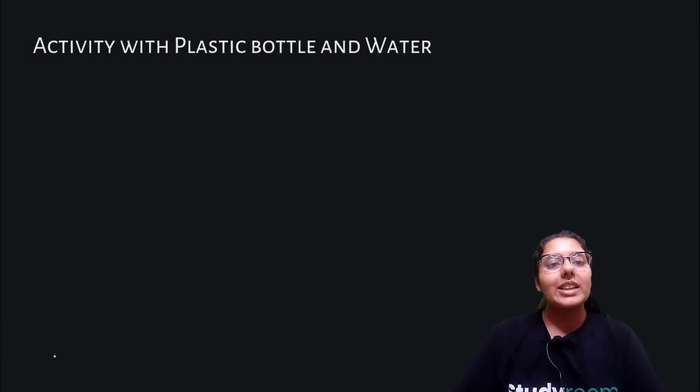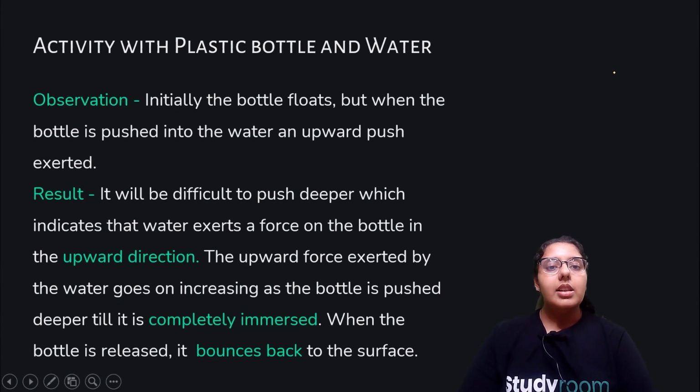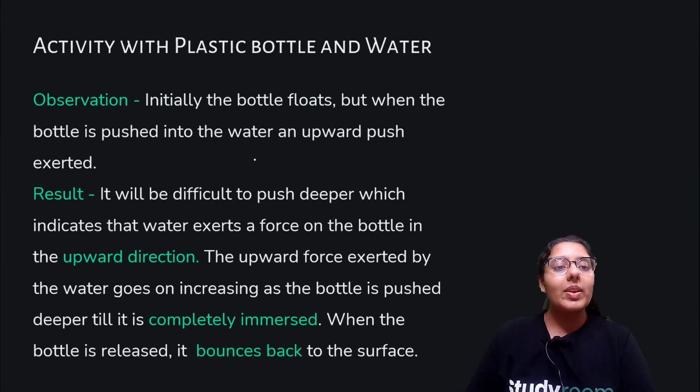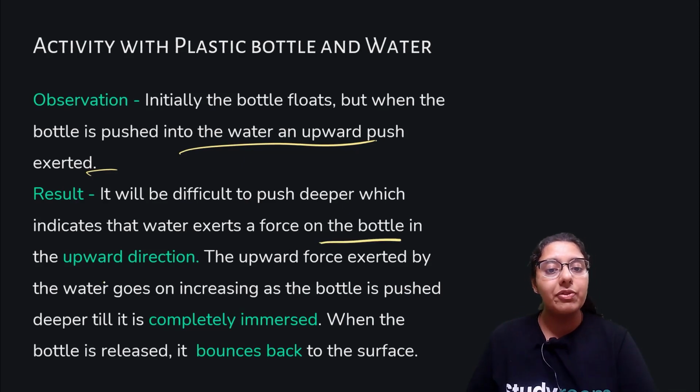So let's do one activity with a plastic bottle and water. What did we observe? Initially the bottle floats, but when the bottle is pushed into water, an upward push is exerted. Result: it will be difficult to push deeper, which indicates that water exerts a force on the bottle in the upward direction.